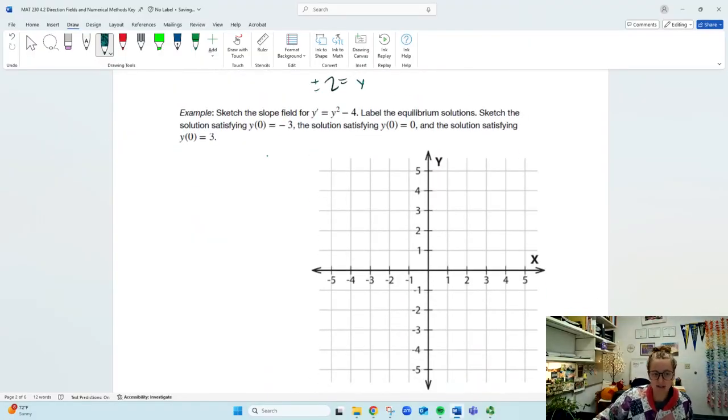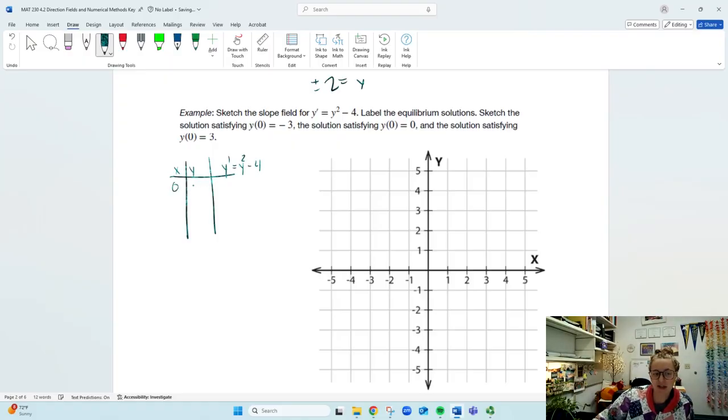And once again, I could just plug in a bunch of x and y values and then figure out what my y prime is equal to by plugging in those values. Well, it doesn't matter what my x is at all. It just matters what my y is because my y prime is going to be y squared minus 4.